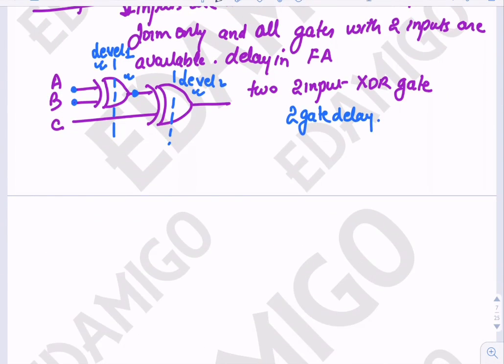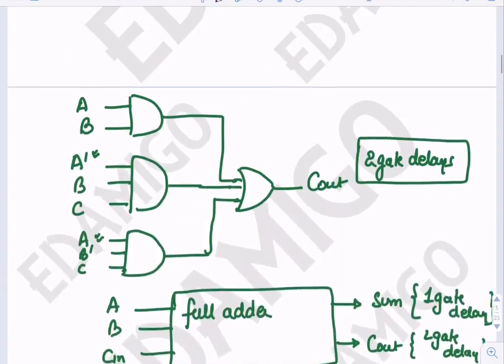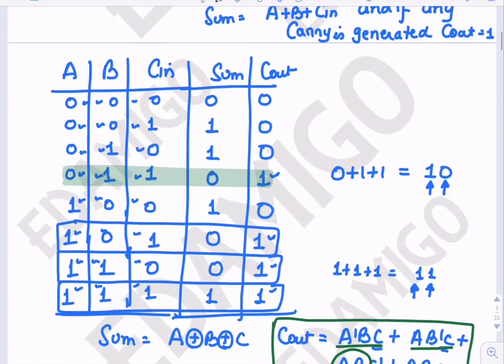Now to produce the sum bit we need two gate delays, and now to produce the carry bit, since only two input gates are available, first of all let's write Cout. What was Cout?